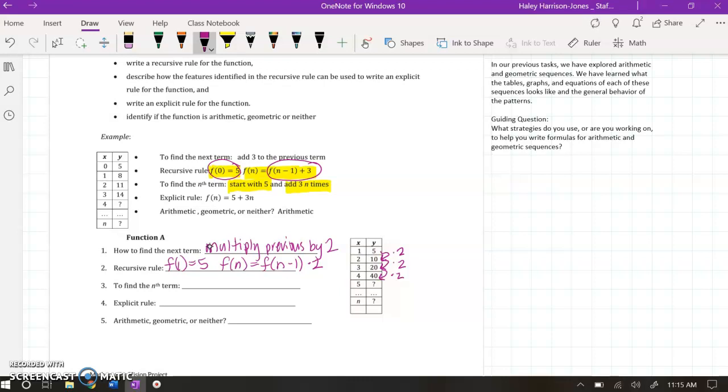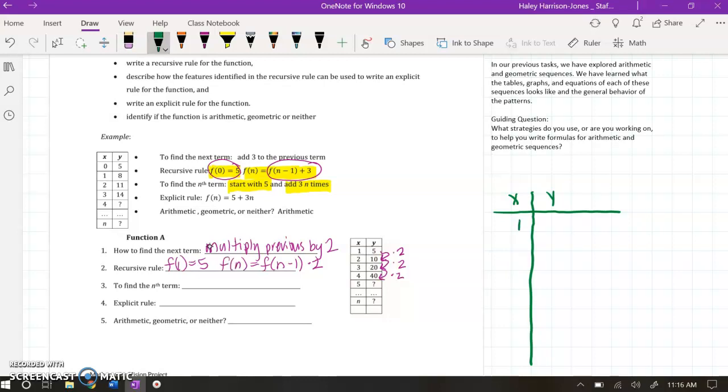Now I need to think about how to find the nth term. To help me find the nth term, I'm going to make an expanded table. I'm going to look at the relationship between x and y for 1, 2, 3, and 4.